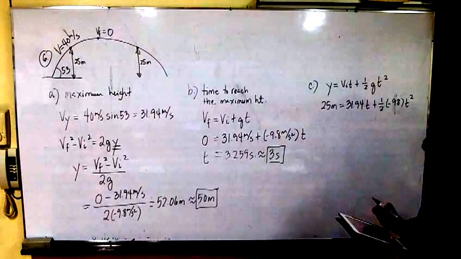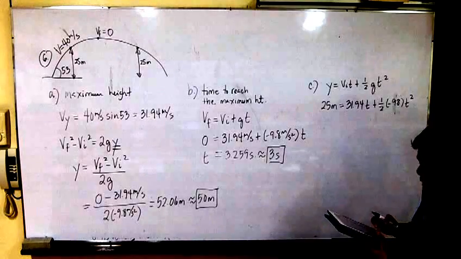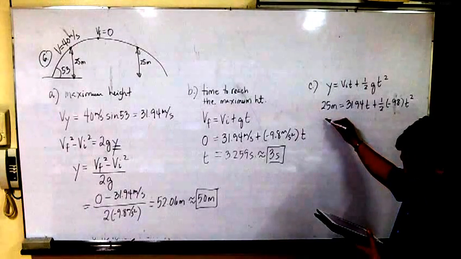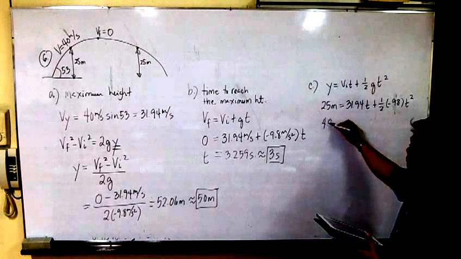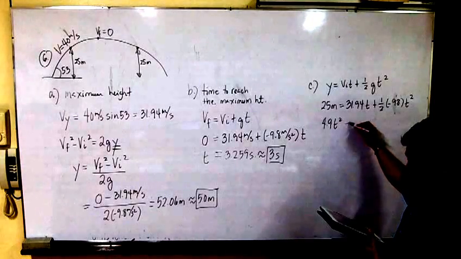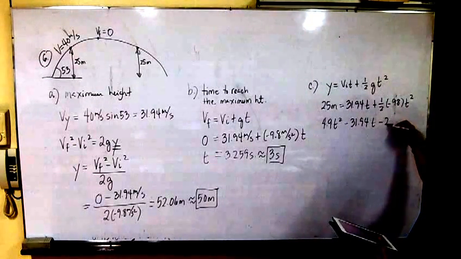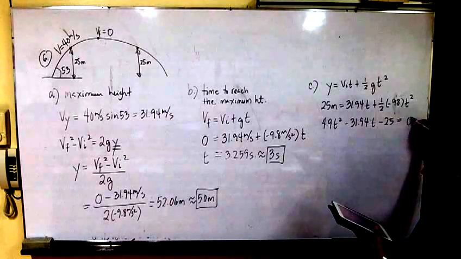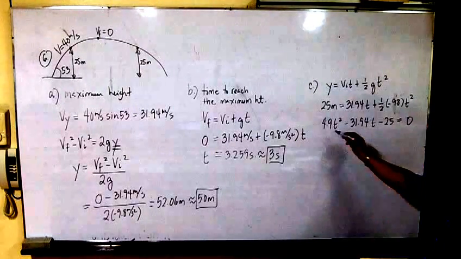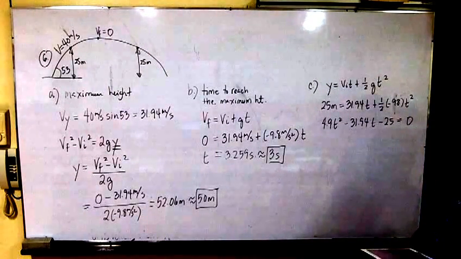Okay. We rearrange the equation, you will get 4.9 t squared minus 31.94t minus 25 is equal to 0. So we have now a quadratic equation.